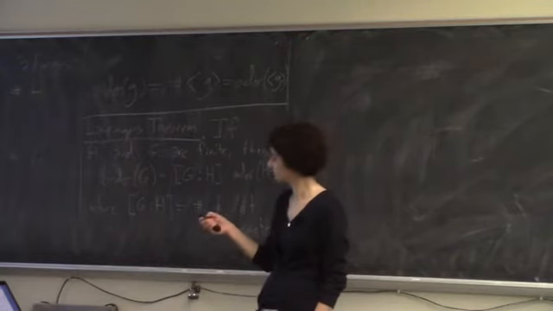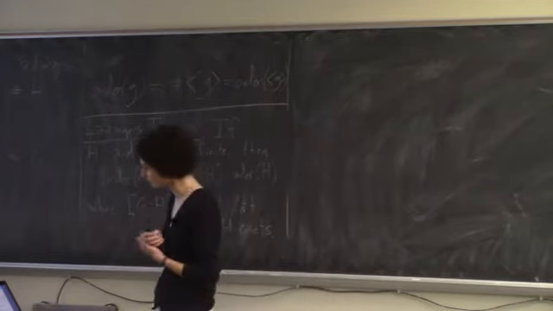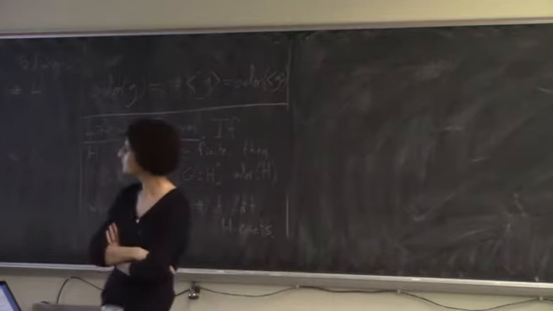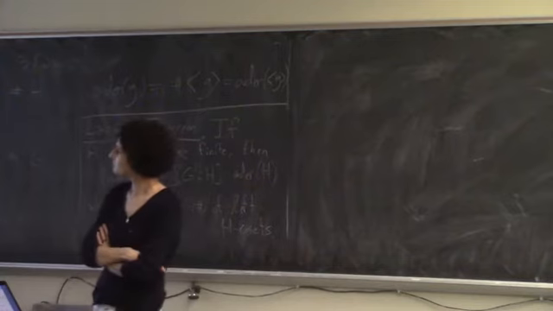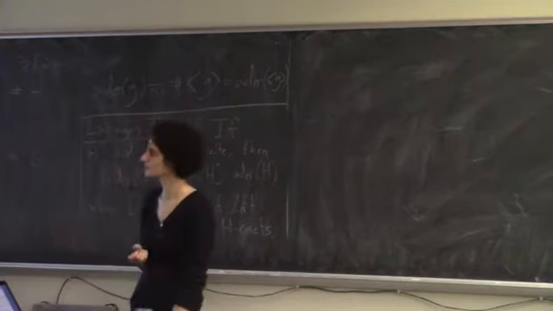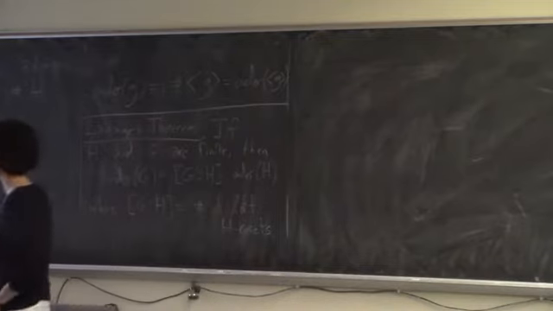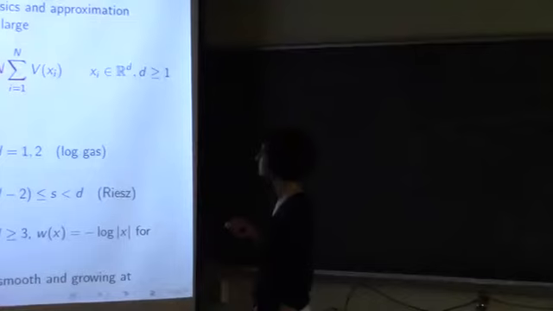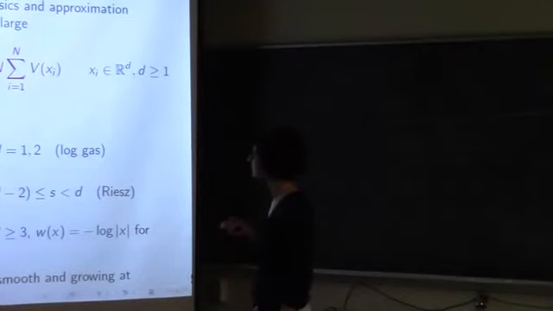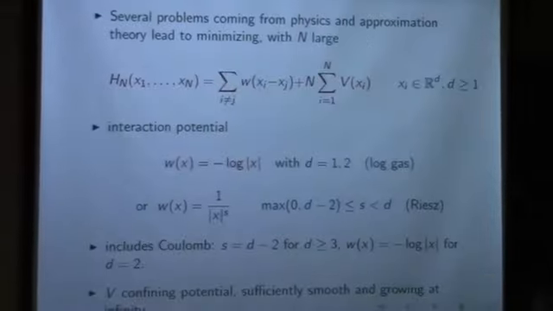The potential V here is something that is sufficiently smooth and grows at infinity, so that this minimization problem, minimizing Hn, has a minimizer. Why is there a factor of n in front of the summation? Okay, so there is a factor of n, very good question. Precisely because we want the two terms to be of equal weights.